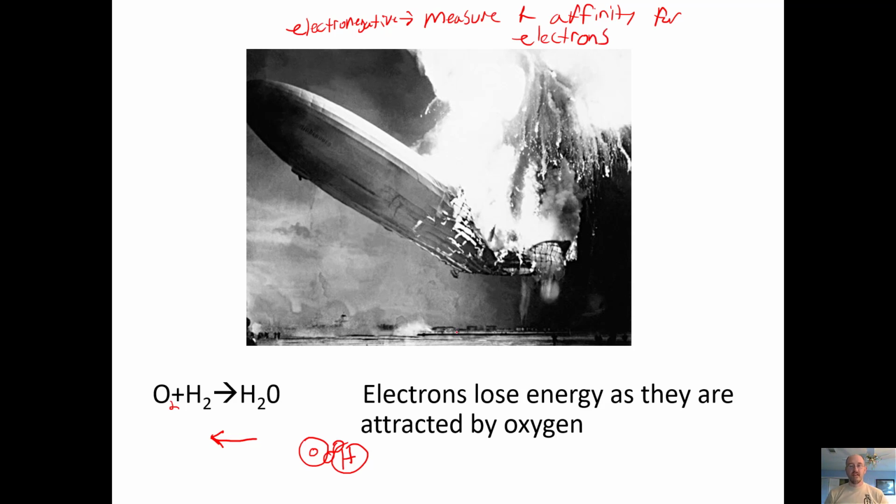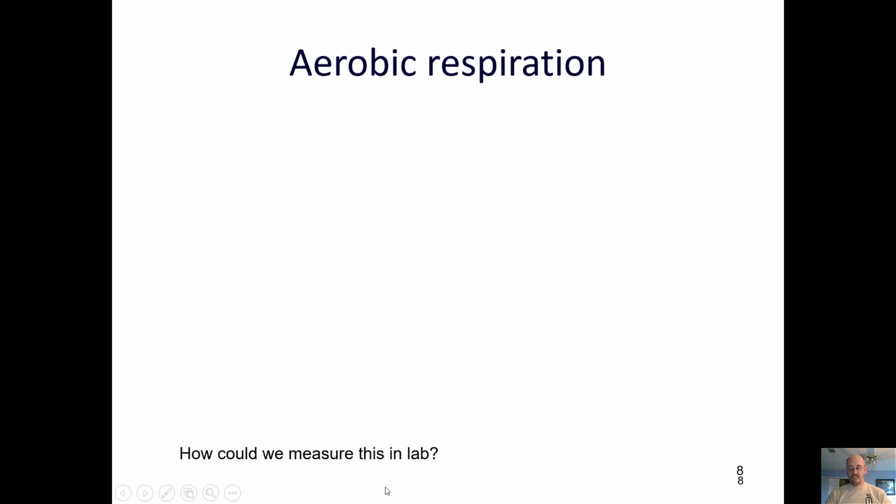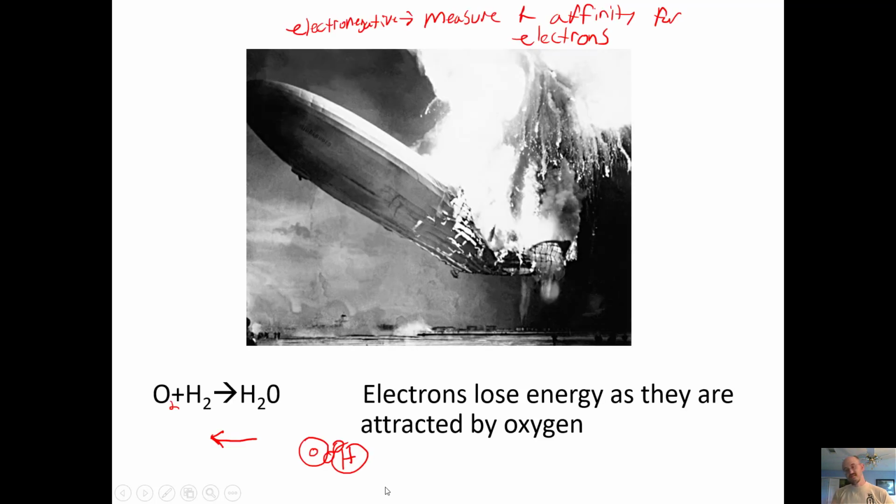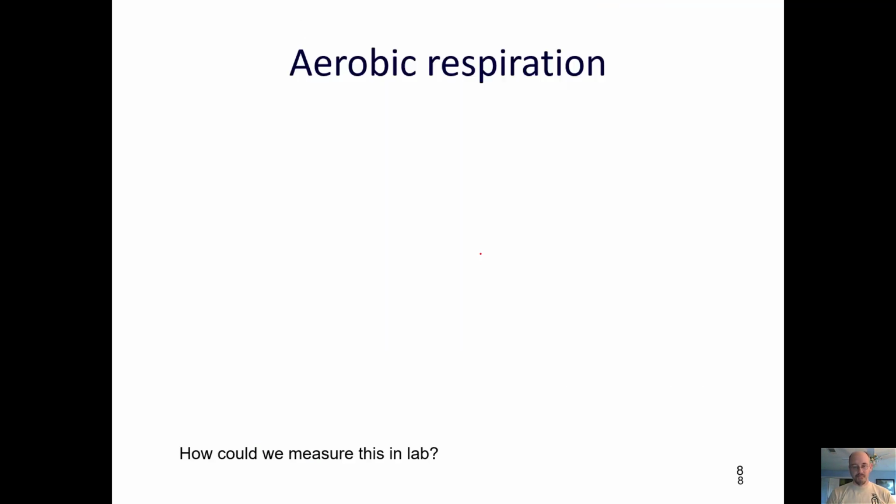Oxygen has a very high electronegativity. It really likes to grab electrons. And so it pulls hydrogen's electrons towards itself. It doesn't steal them in this case, but it pulls them towards itself. That causes the electrons to lose energy, and that energy is lost as heat. In this case, very explosive heat.